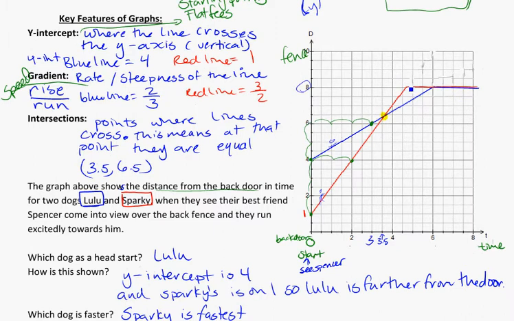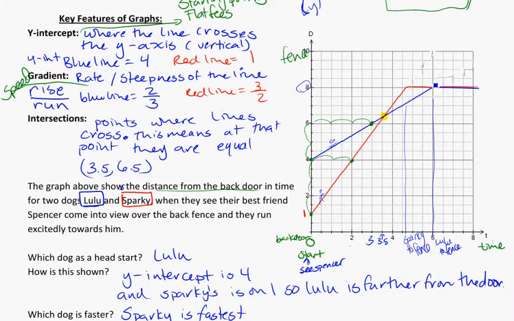And what we notice is also that Sparky gets there first, because Sparky gets there sooner in time. Sparky gets to the fence in about 4.5 seconds. And Lulu does not get to the fence until 6 seconds. So Lulu gets there second, in second place.